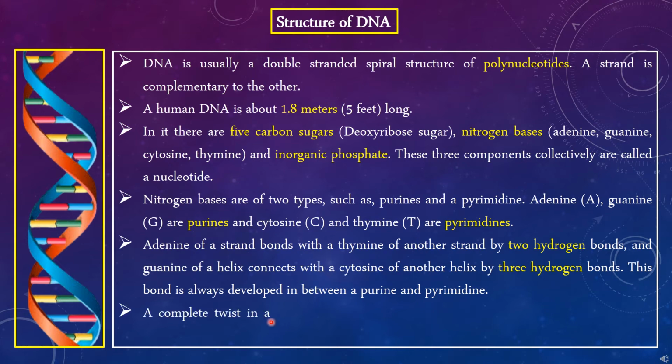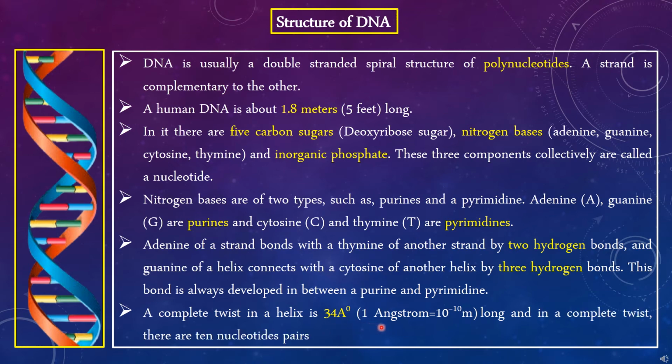A complete twist in a helix is 34 angstrom. Angstrom is a small unit; 1 angstrom equals 10 to the power minus 10 meter. In a complete twist there are 10 nucleotide pairs. So the length between two adjacent nucleotides is 3.4 angstrom.